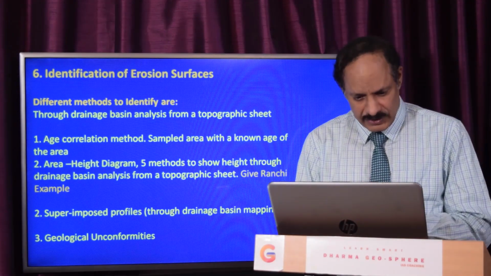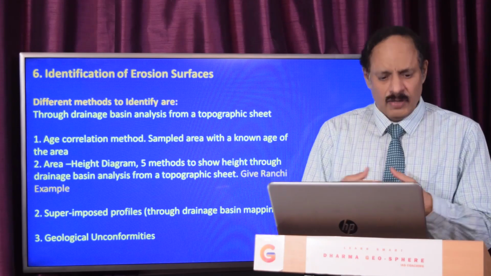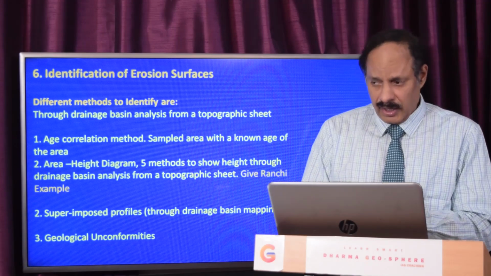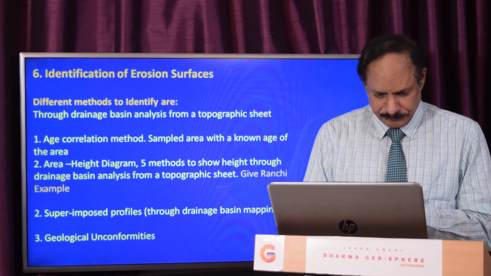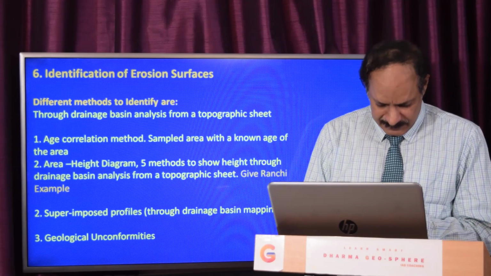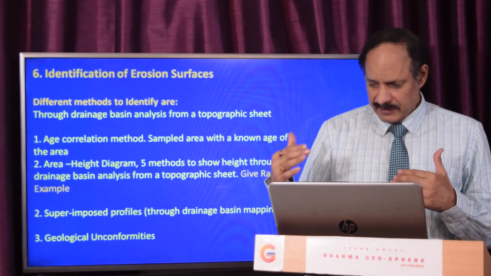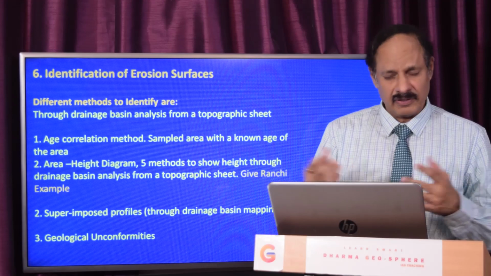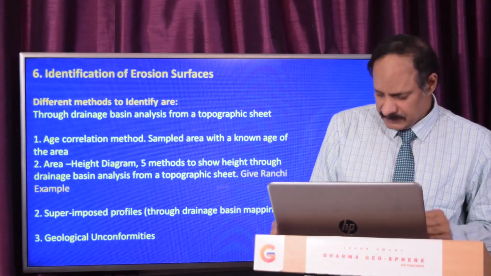You can also do it through the age correlation method, the sampled area of the erosion surface with the known age of the area, and also area height diagrams, the way it has been done in the Ranchi Plateau. Then superimpose profiles through drainage basin mapping, and also through geological unconformities, where near the unconformity you can see divides leading to different lithologies of different age. So from that you can predict where the erosion surface occurs.